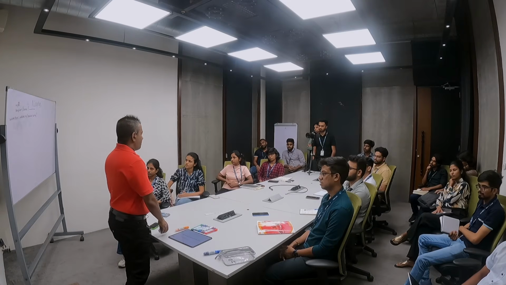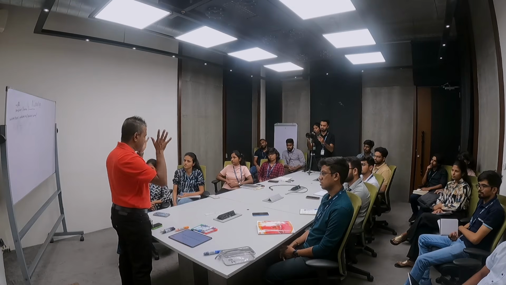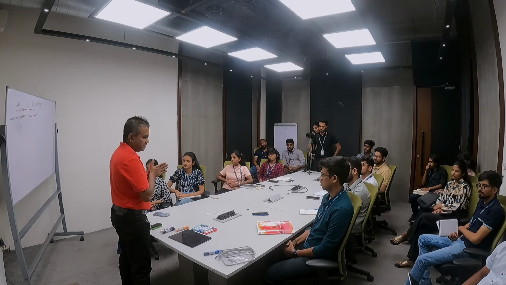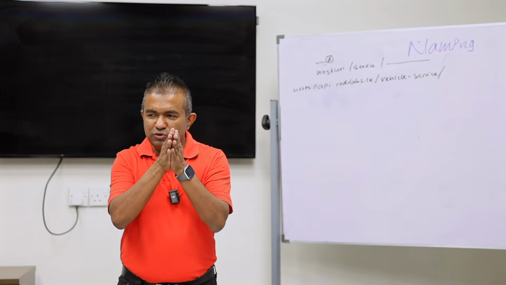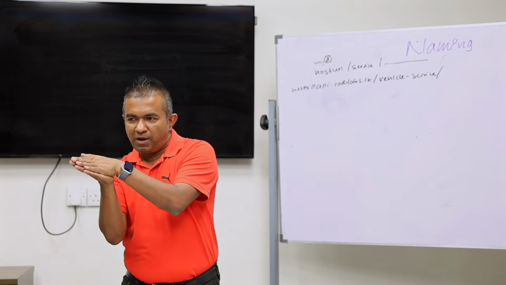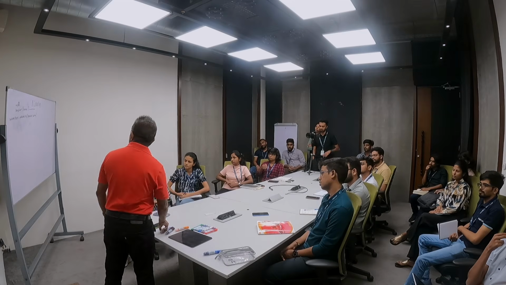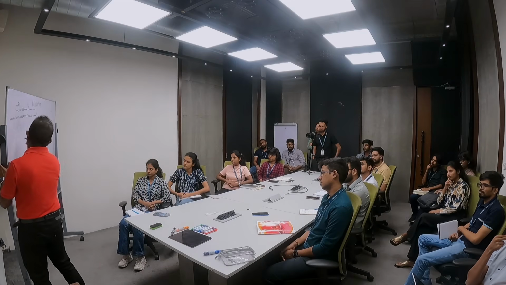So now vehicle is our class. If you picture the system, vehicle is our class, right? But we don't keep a single vehicle in the system. We have multiple vehicles. So the URL always goes with vehicles.